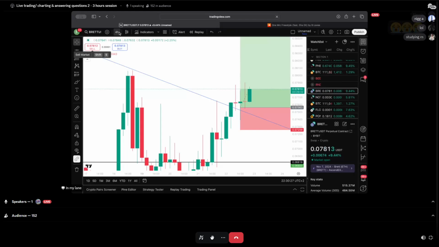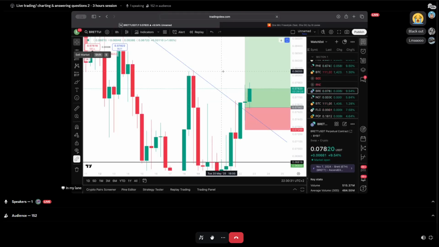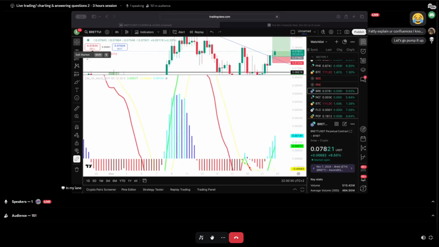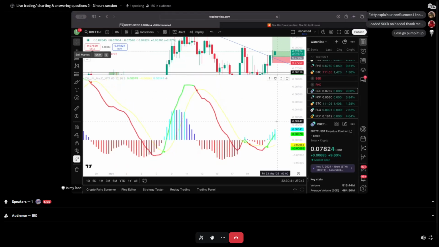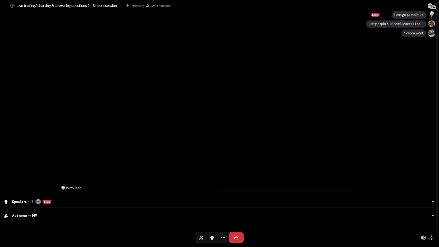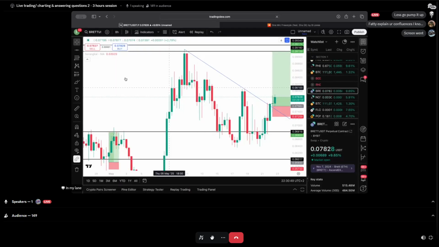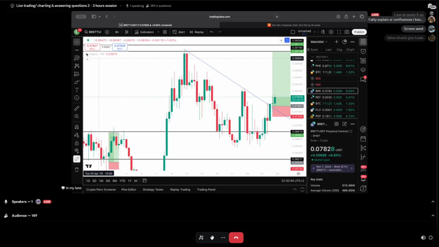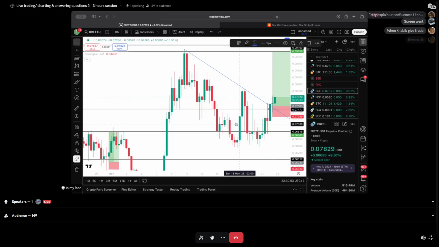Wait, let's go to the 8 hours MACD here. When you look here, you can see it broke out and closed above. So your support would be here.